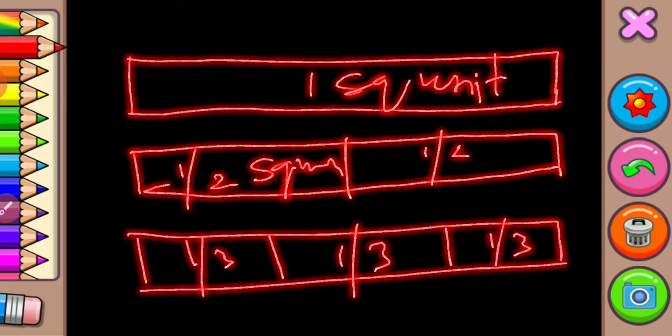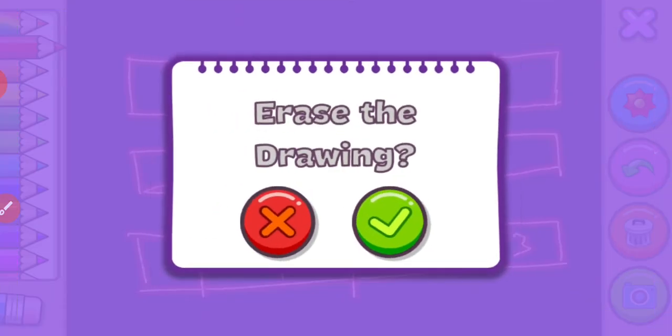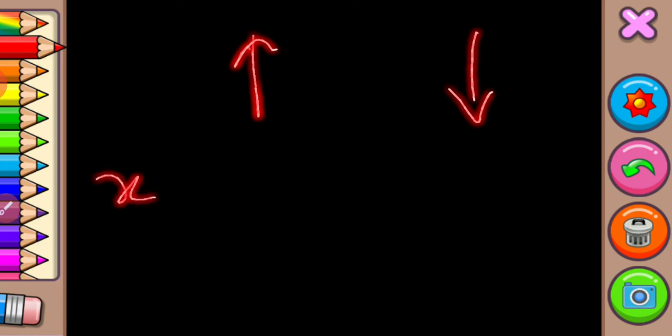So what do you notice here? We notice here that as we increase the number of equal parts, correspondingly the area of each part decreases, right? So here if we say x is representing the area and y is representing the number of parts, so let us see the product.